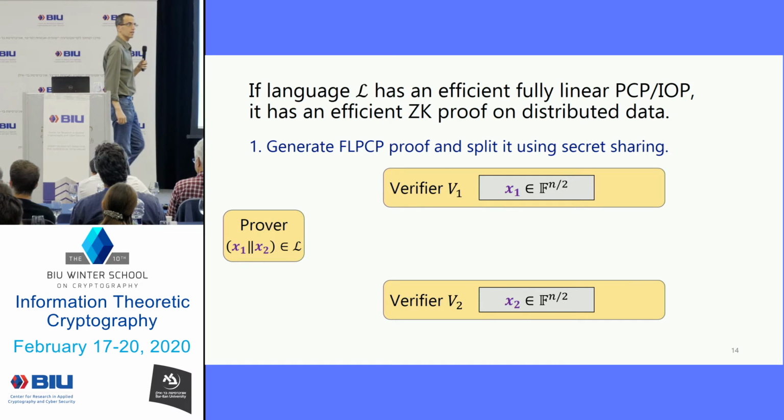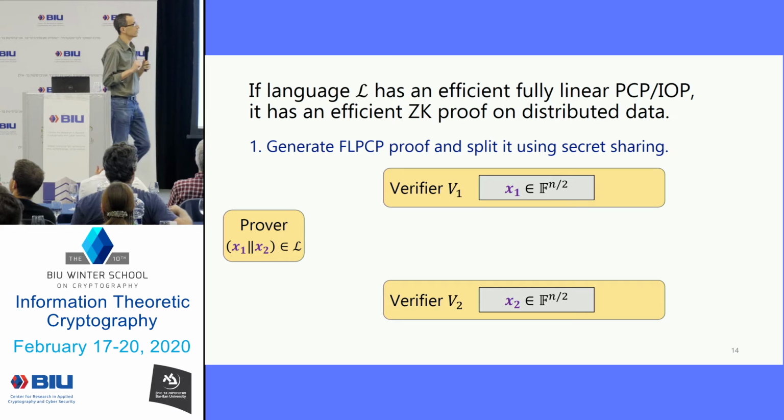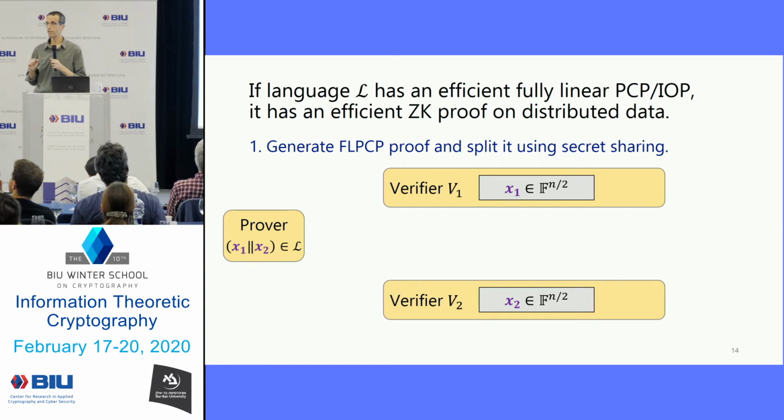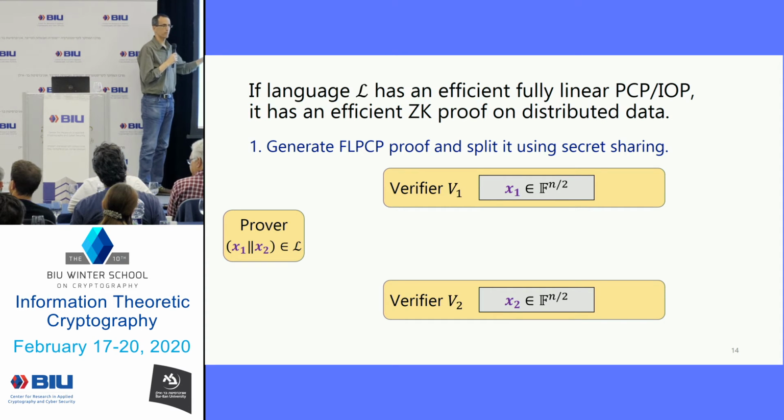So here's something I want to claim. If a language L has an efficient linear PCP or IOP, but let's consider PCP, it has an efficient zero-knowledge proof on distributed data. That's something I want to convince you. So we have the prover, and it has some data.